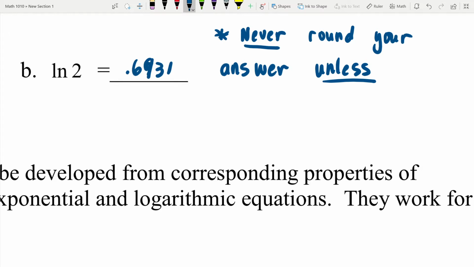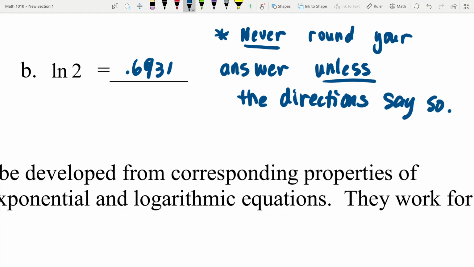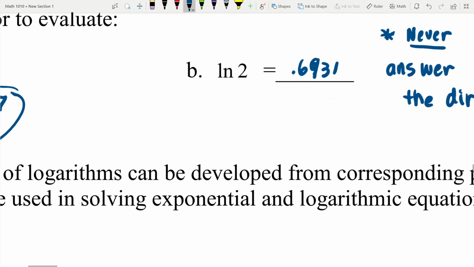There's only one circumstance when you round an answer. What is it? Unless you are told to. Unless the directions say so. Never put it in decimal because it's inaccurate. It's not perfect unless you're told to make an answer that's not perfect.